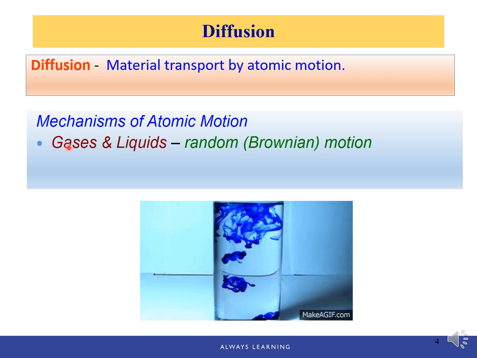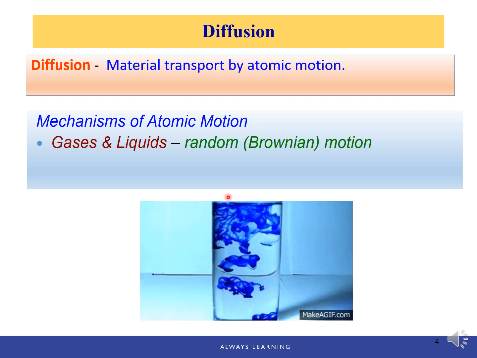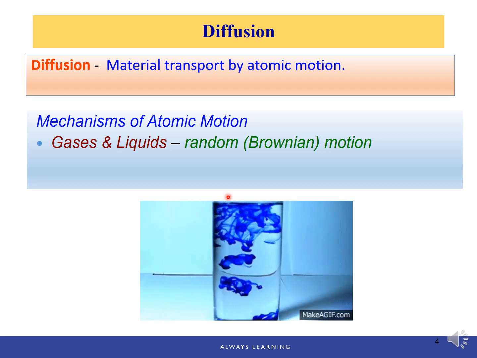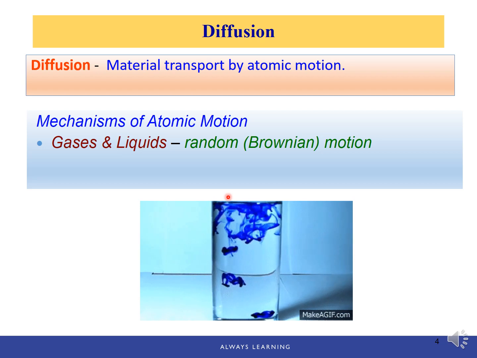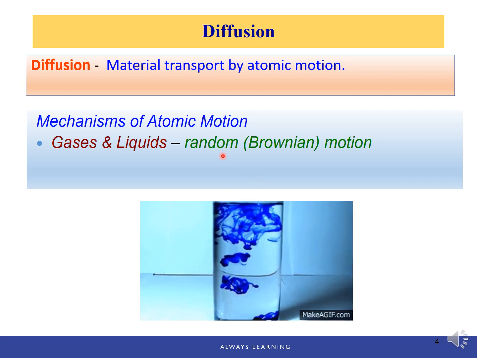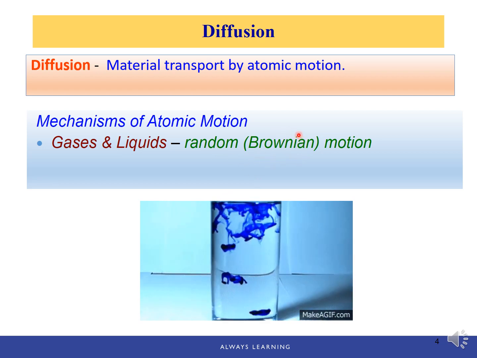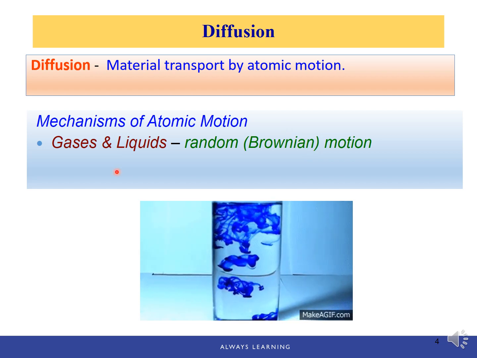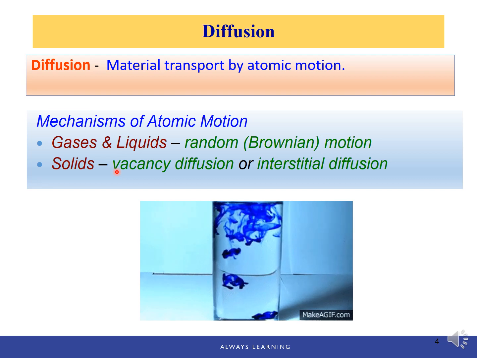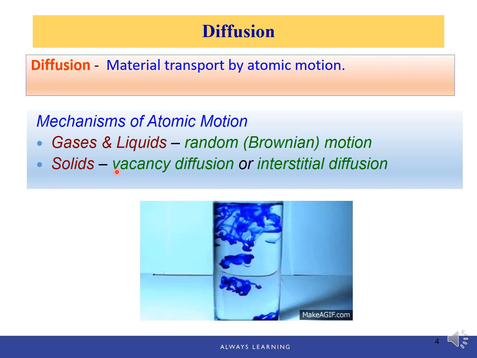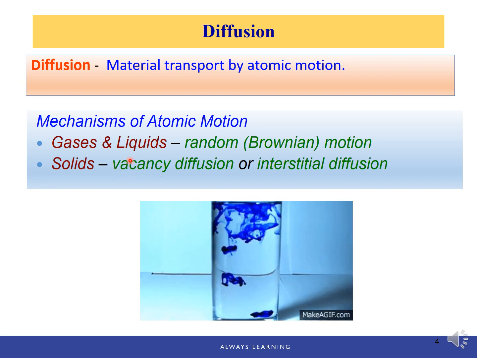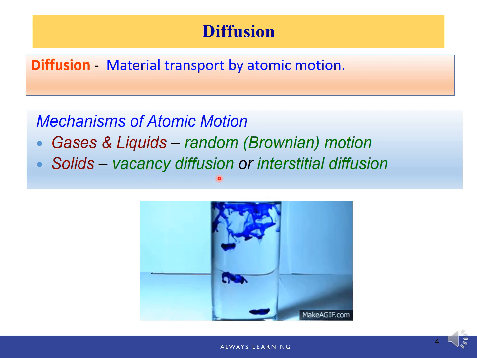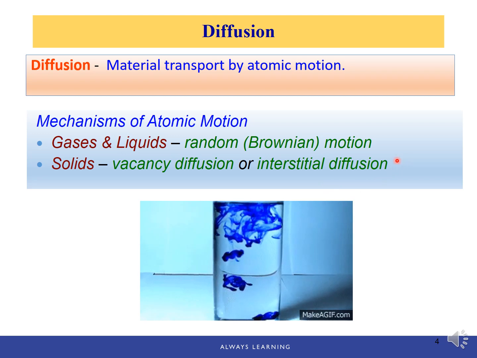If you spray some perfume at one corner of the room, after some time you will smell the perfume all over the room. This is also Brownian motion of atoms. So that's the mechanism of diffusion in gas and liquids. In solids, which we are going to learn in a second, the mechanism of diffusion is vacancy diffusion or interstitial diffusion.